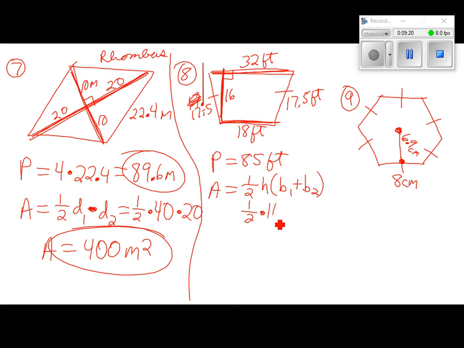So the height this time is 16 times base 1, we'll put in 18, and base 2, we'll put in 32. You punch all that into your calculator, and you end up with the area equal to, same as the last one, confused myself, 400 feet squared.